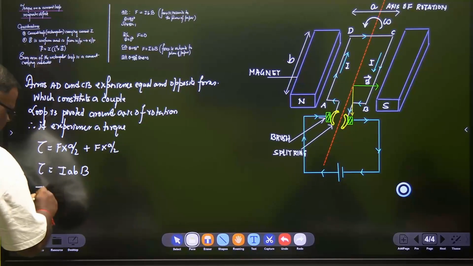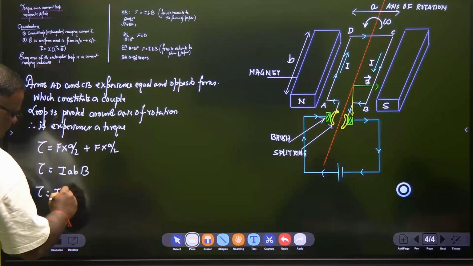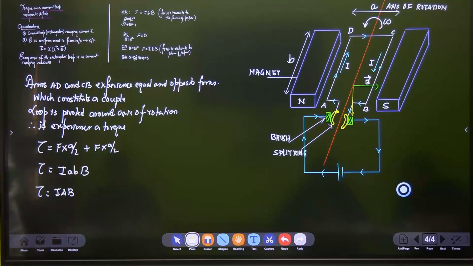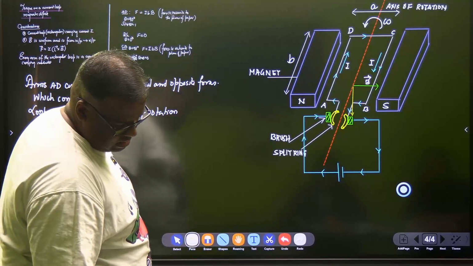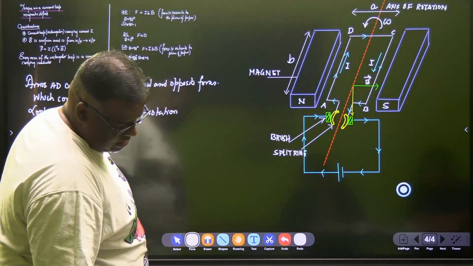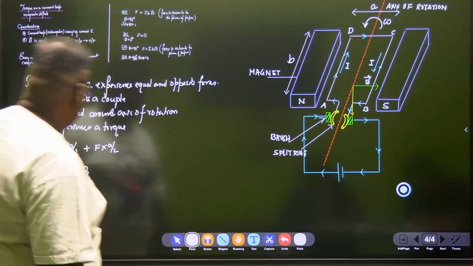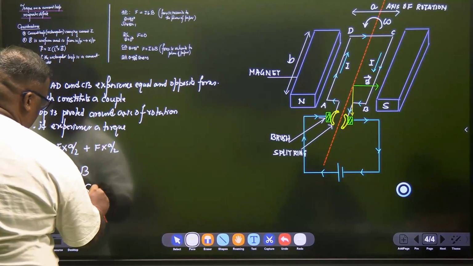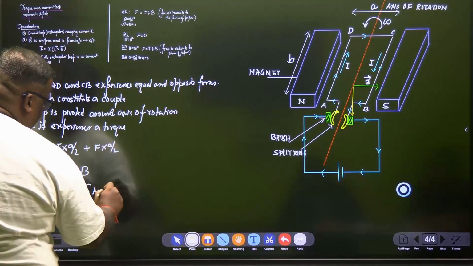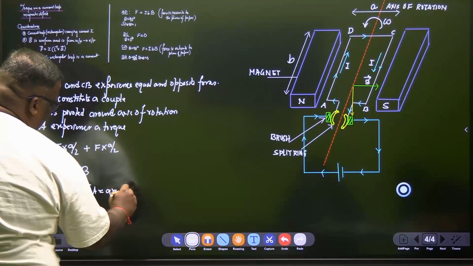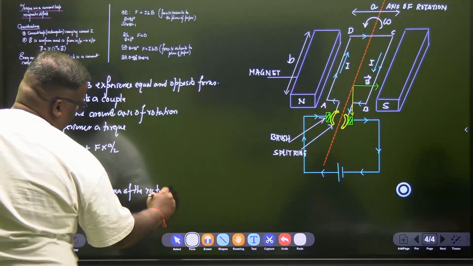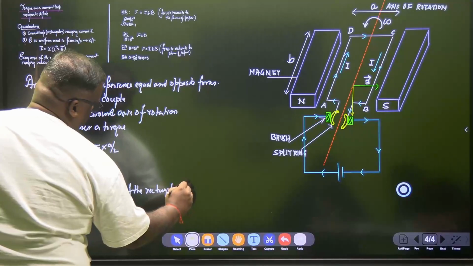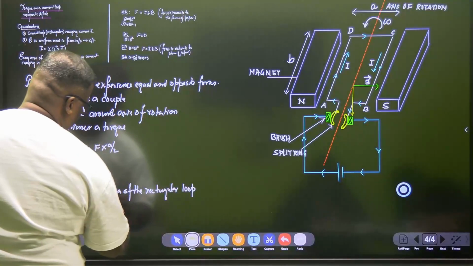And this is written as IAB, where A is equal to the area of the rectangular loop, which is equal to ab.